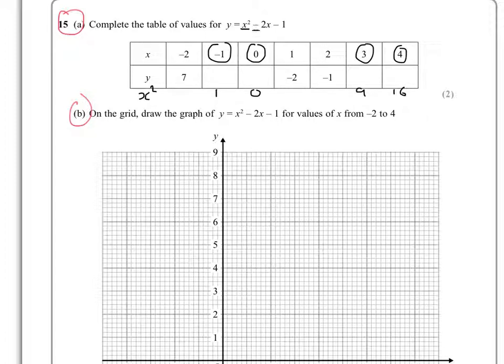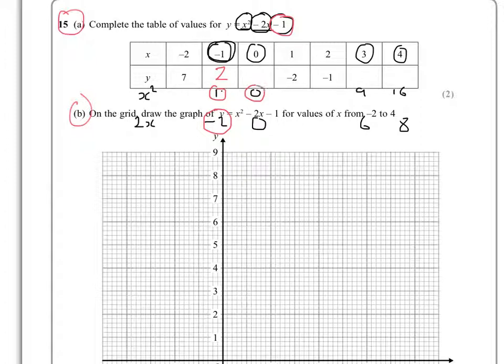And then we've got this bit here, so I'm going to go for a 2x row. So when x is minus 1, 2x is minus 2. When x is 0, and we'll just fill in 2x for each row, 6 and 8. Then what we're going to do is the x squared row, take away the 2x row, take away 1. So for this bit here we got 1 minus minus 2, that's 3, take away 1, that is 2.